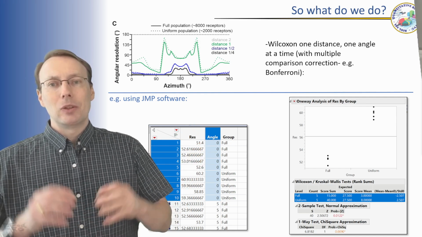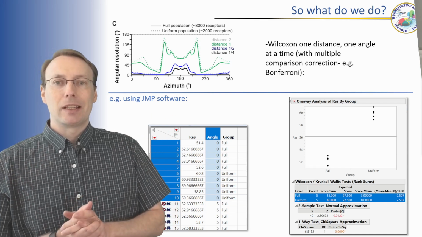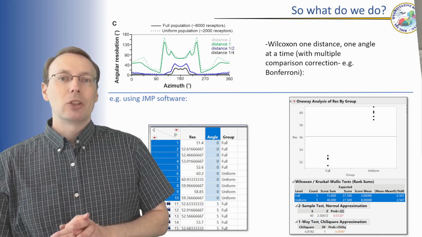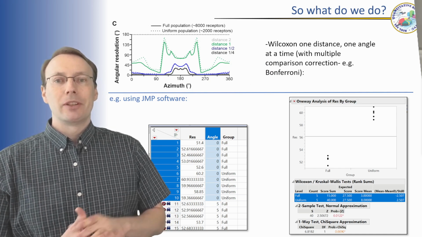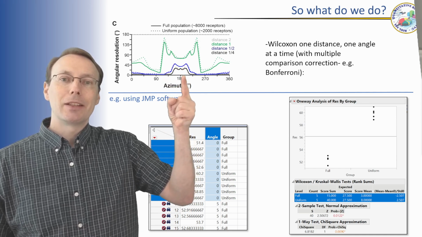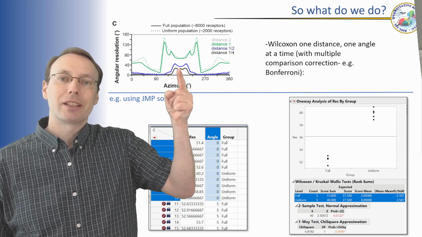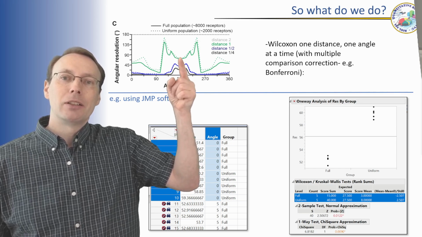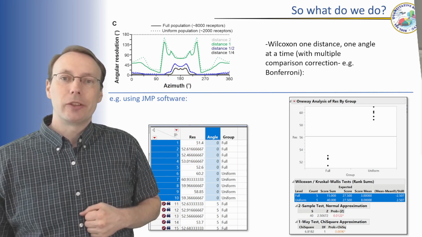You've got to divide this and look at, for example, pairwise comparisons. So you take one angle, let's say 180, and you take one distance, one body length, let's say, and you compare the full population to the uniform population.